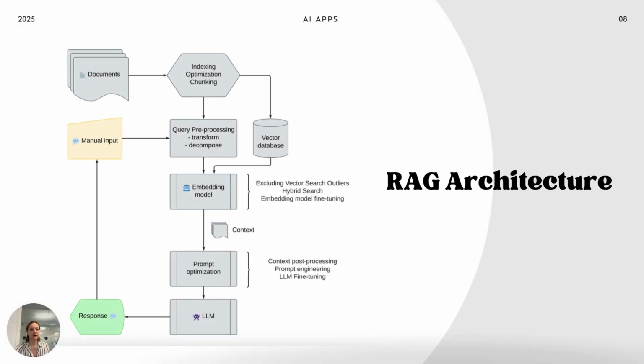How this type of architecture usually looks is basically, if you have some kind of documents, it can be all different types of data. The simplest example is when you just provide textual documents, usually markdown or PDFs. They need to be indexed and split into chunks.